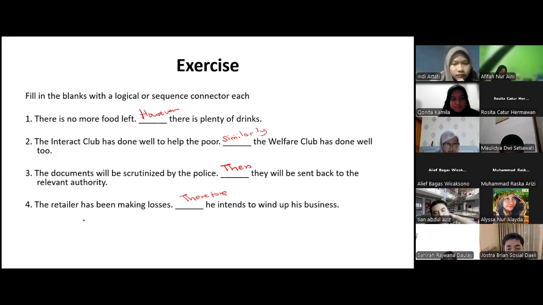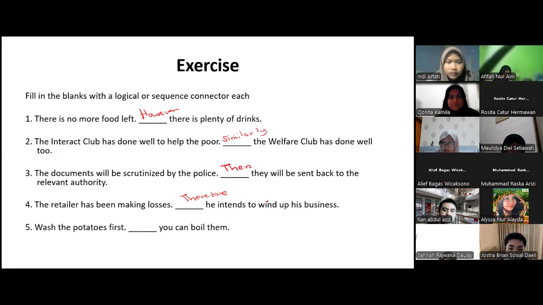The retailer has been making losses, and as a result, or as a consequence, we use therefore. He intends to wind up his business. Wind up means to make activities end or to finish. Thank you, Indi.